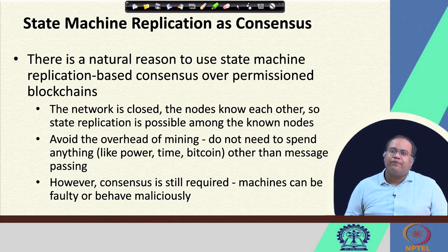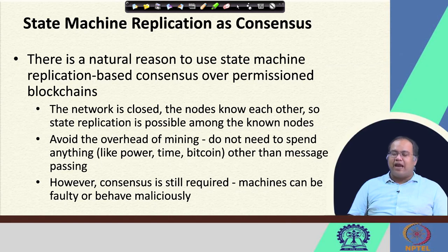So, let us start with having a discussion about how state machine replication can be utilized as one of the consensus mechanisms. What we have seen in case of state machine replication is something like this.